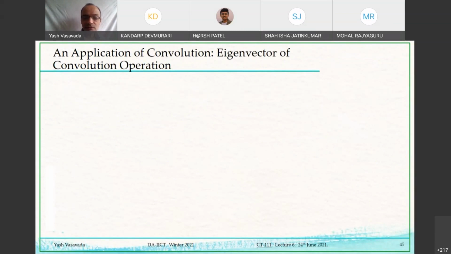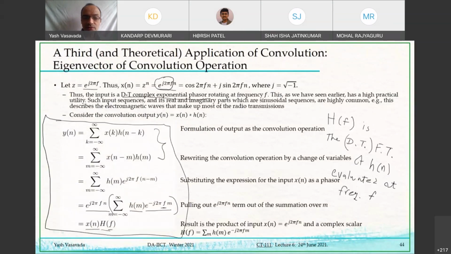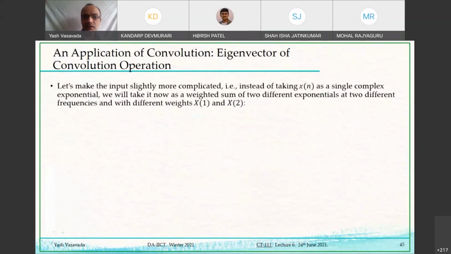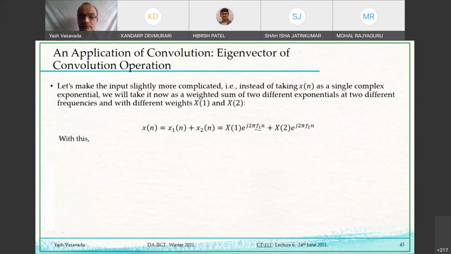Once you are okay with this concept, you can then take it for further generalization, and that gives you even more understanding, a deeper conceptual power. So I'm going to now say that the input is not oscillating at only one frequency. There are two frequencies, F1 and F2.